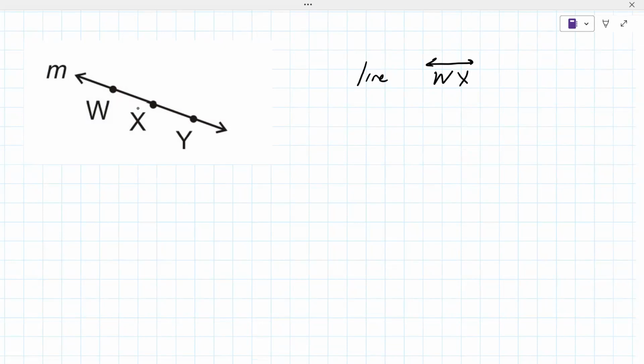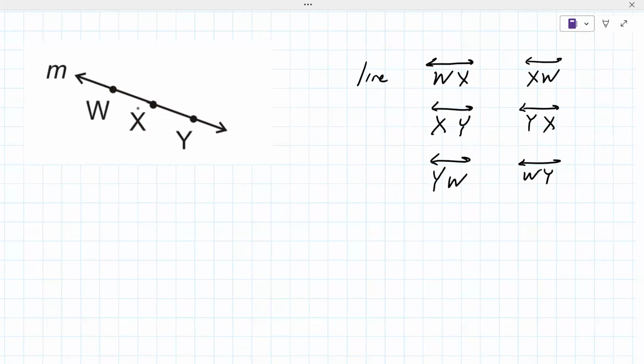XY, good. Anything else you see? WY? You need only two letters. YW. What's missing here is the flip of these, which really isn't different, but you could do that.